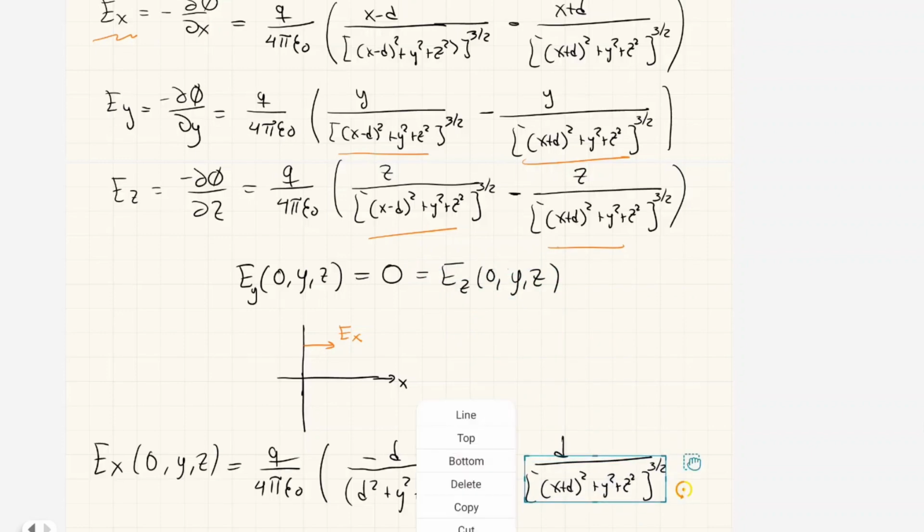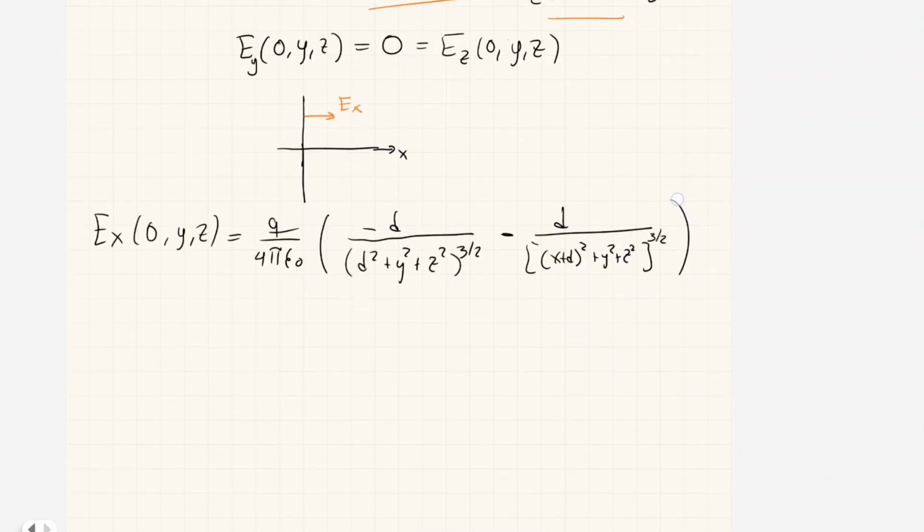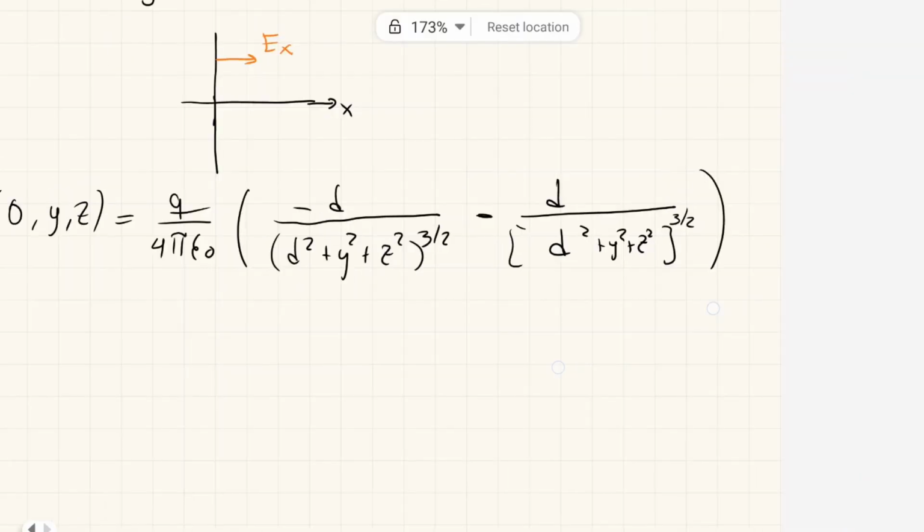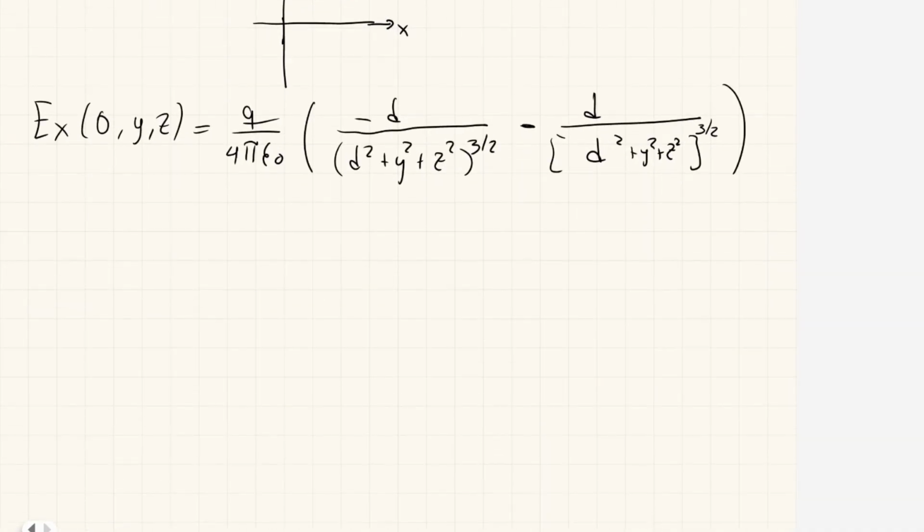Okay? But this is going to be 0. So that means that we have d squared here. Perfect. So we easily notice that we are going to have minus 2d divided by this, and that 2 is going to cancel with this 4 that we have here.